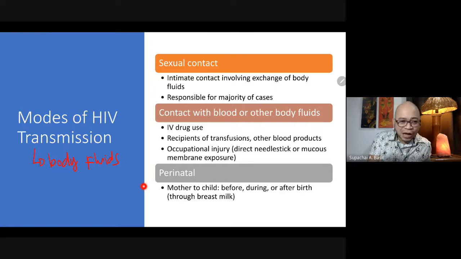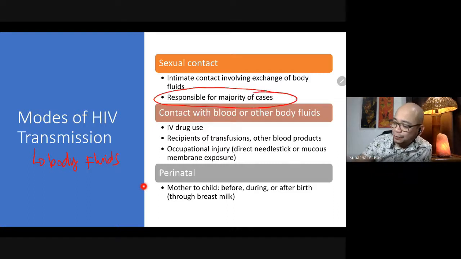And how can we get the body fluids of other people? Primarily you can get it through unprotected sexual contact. Intimate contact involves exchange of body fluid, and this one is responsible for the majority of cases.